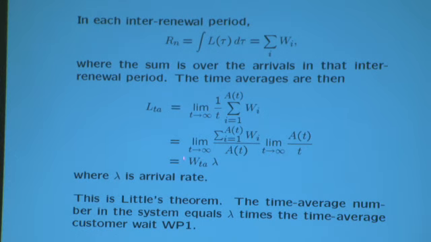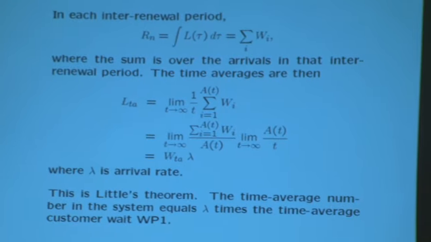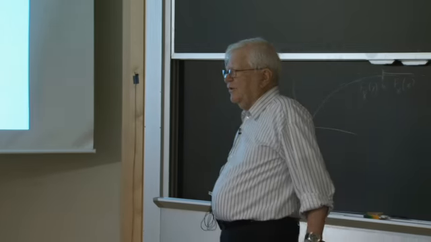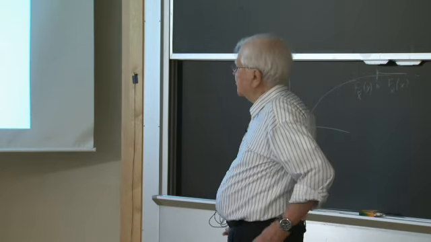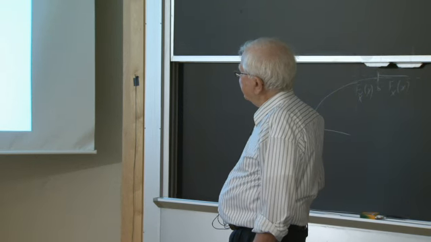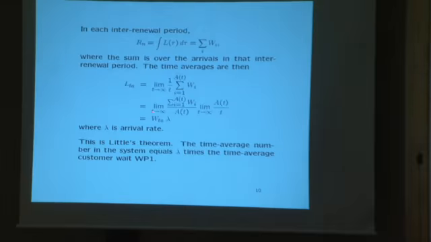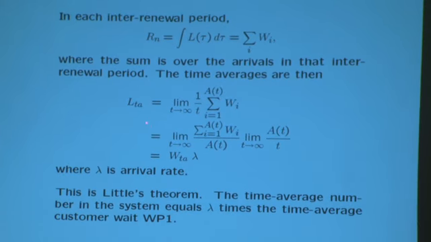This is the sample path average over any sample path you want to look at, of the time average over all of the customers that come in. You add up all the customers that come in and you divide by the number of customers, and that gives you the time average delay that a customer experiences.